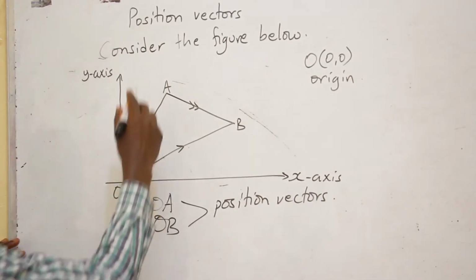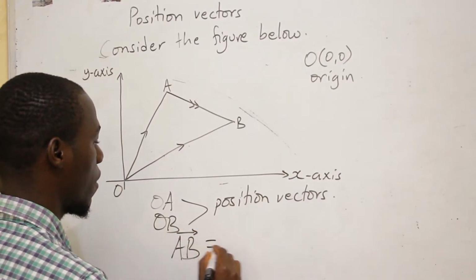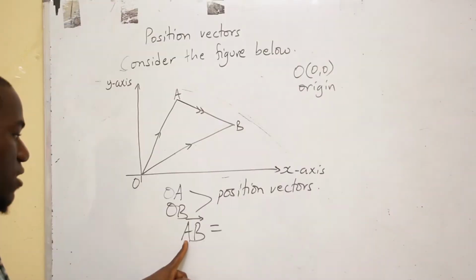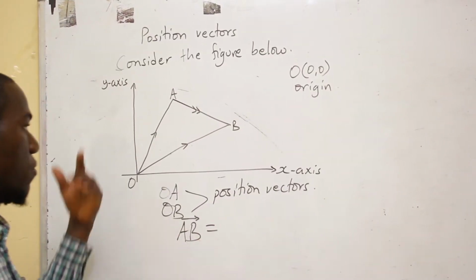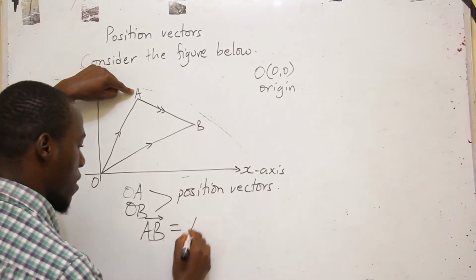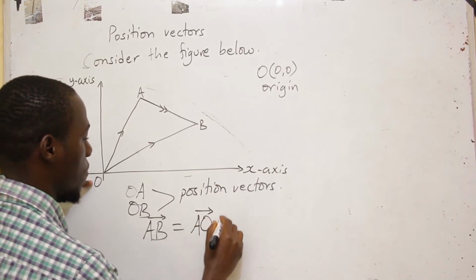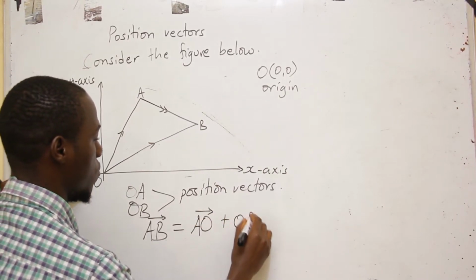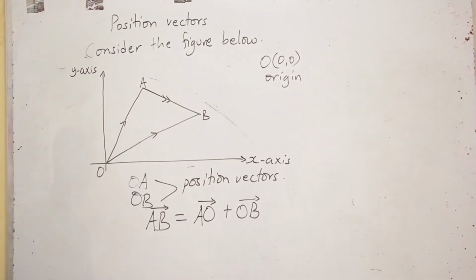Now, to get my vector AB, it is like moving from point A, then reaching point B. So when we look at our diagram, you start moving from A towards O, then from O to B. So I'm having those two vectors there.